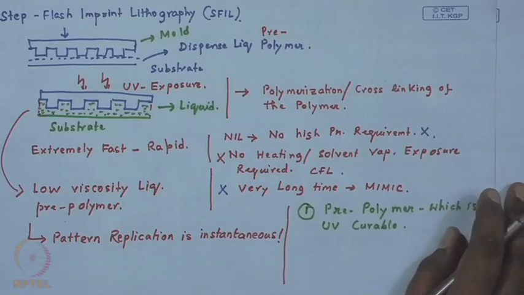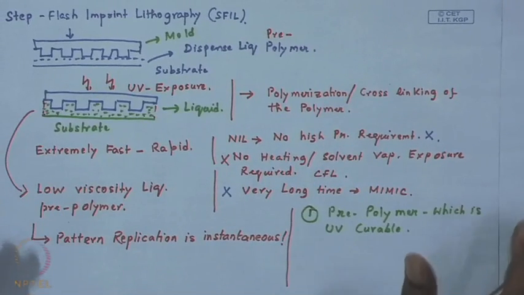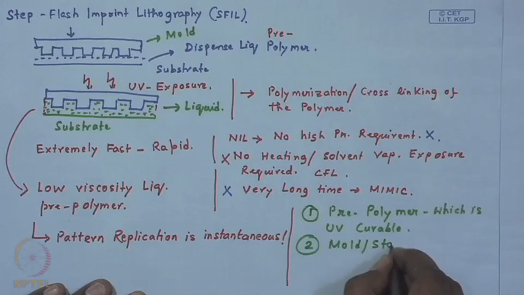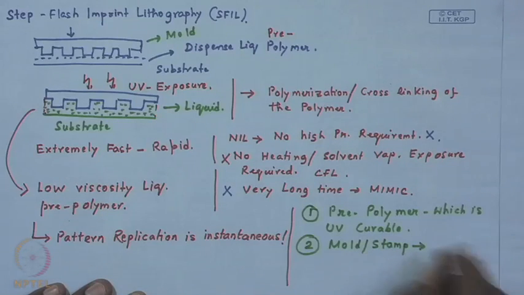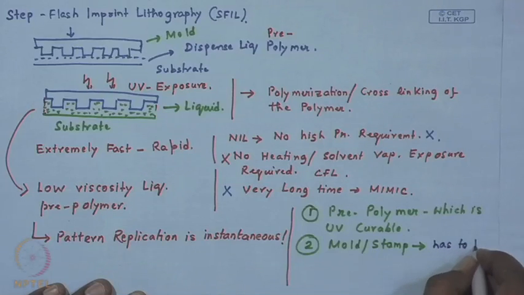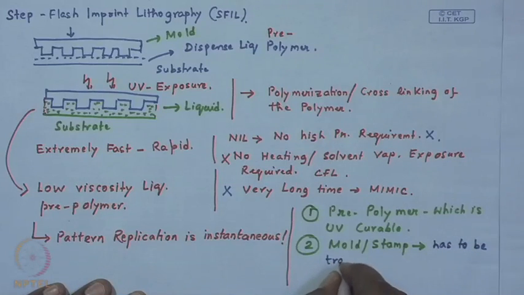Any liquid pre-polymer will not work, because the way the method has been designed, it is essential that your pre-polymer is UV curable. The second requirement is the mold or the stamp. This has to be transparent to UV light.